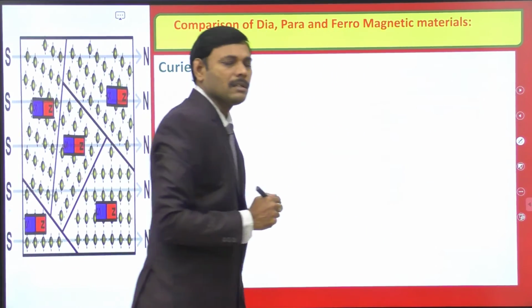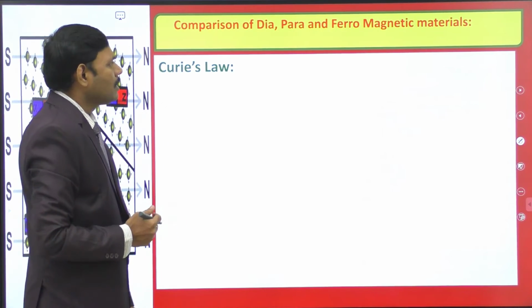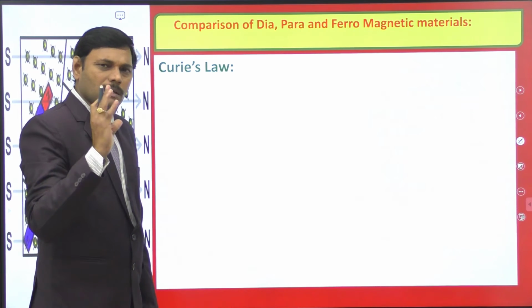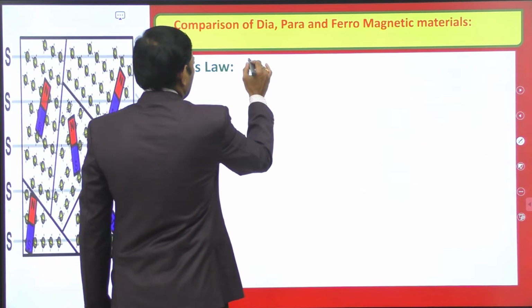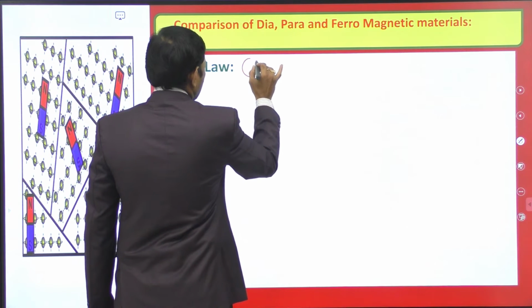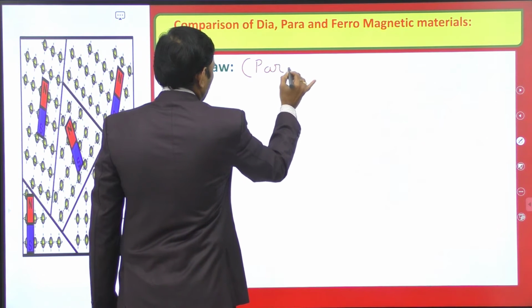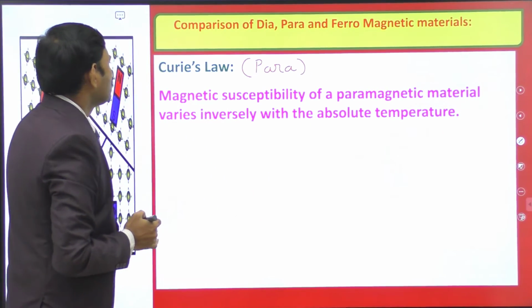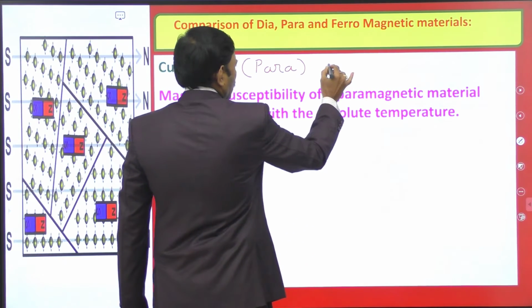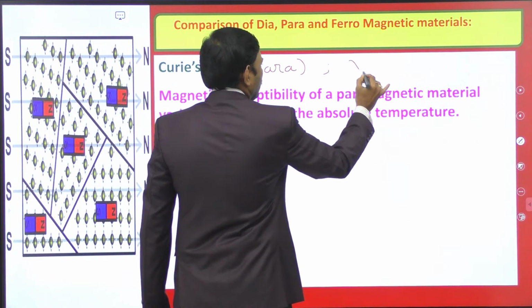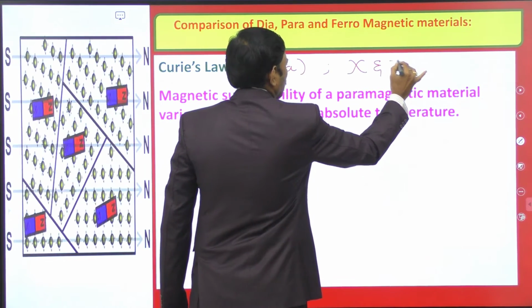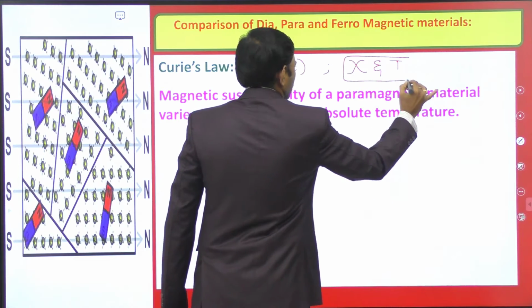You have numerical problems in all textbooks belonging to Curie's law. Here Curie's law is a law applicable clearly for paramagnetic substances. Curie's law, one more thing, gives the relation between susceptibility and absolute temperature of paramagnetic substances.